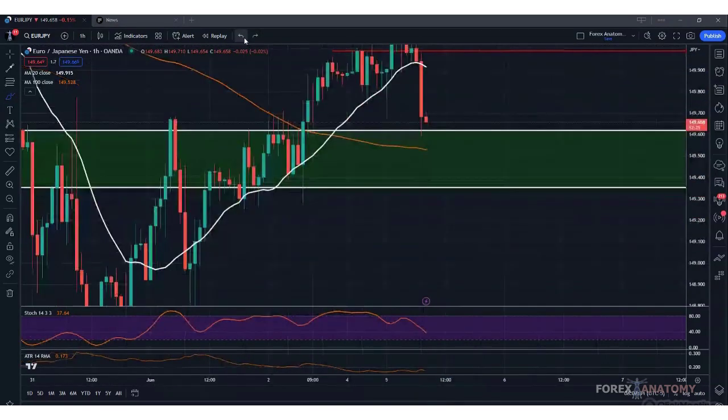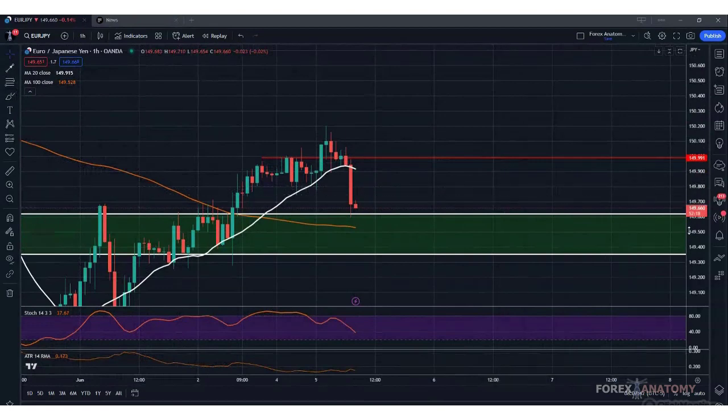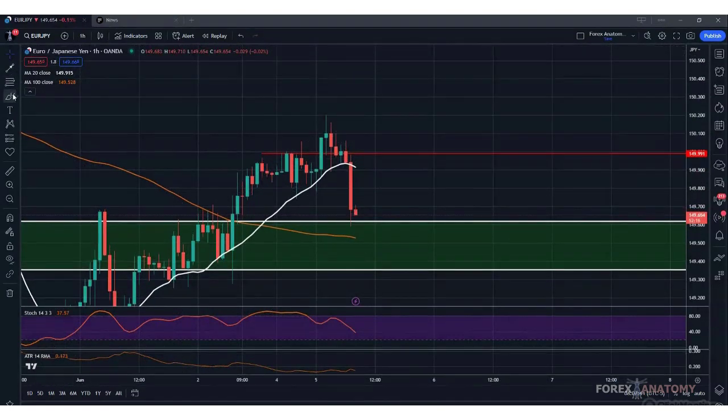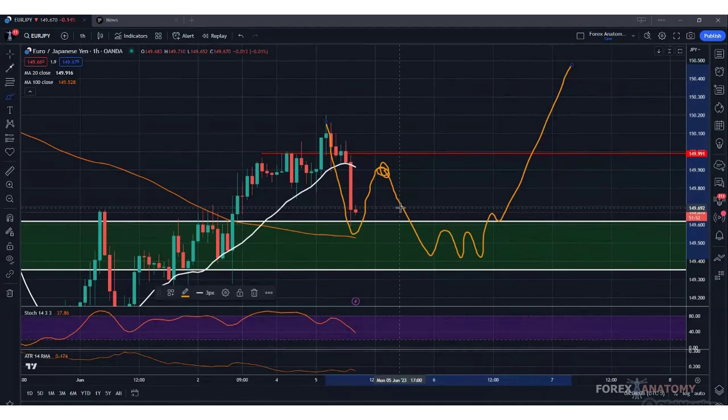So again, let me just draw this in. So again, even for Euro Yen, if you want to, you can look for a sell because this is leg A. Price still has to form a leg B, which is the correction. And then right around here, you can look to sell into this zone in order to form leg C. And after that happens, that's when you need to look for your potential buy scenario on Euro Yen, because we could potentially see another deeper expansion to the upside.